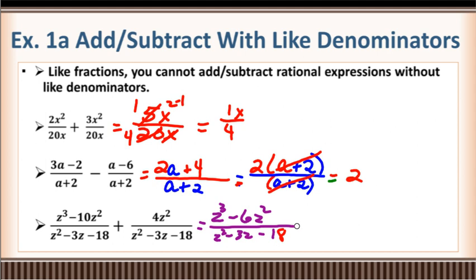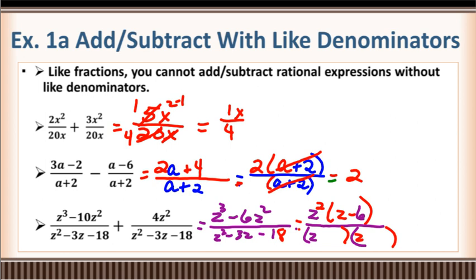And from this point, now I'm going to factor. So in the numerator, I can take 2 z's out. If I take 2 z's out, that leaves me with a z minus 6. And in the denominator, I have a trinomial. What two numbers do I multiply to get negative 18 but add together to give me a negative 3?